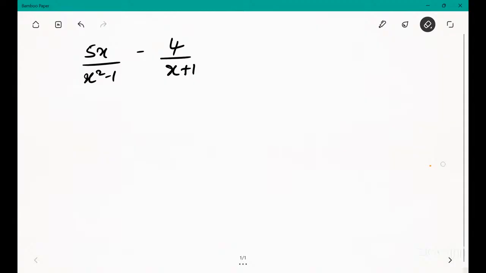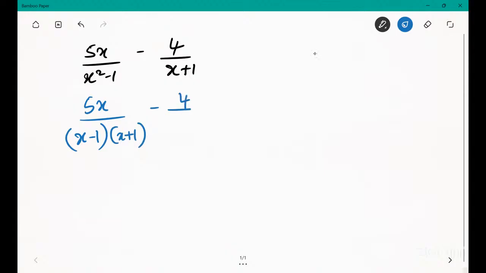So that's how they have given here as well. x squared minus 1 separately. So then it's going to be 5x over x minus 1, x plus 1, minus 4 over x plus 1. Here it's a fraction. Same thing that you do for any fraction, you get the denominator as the same.